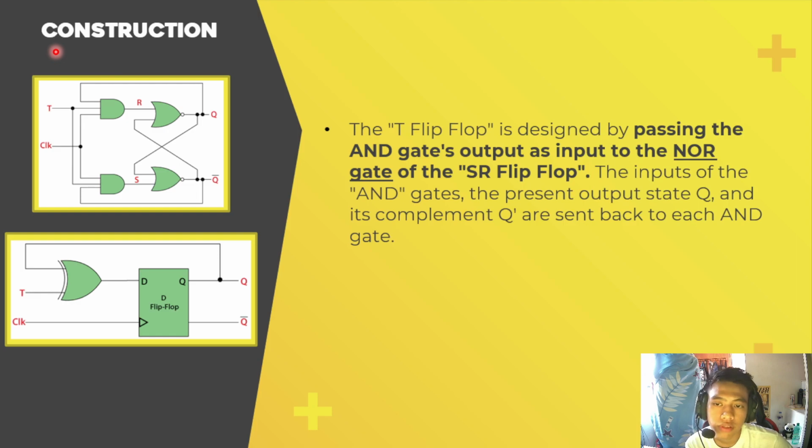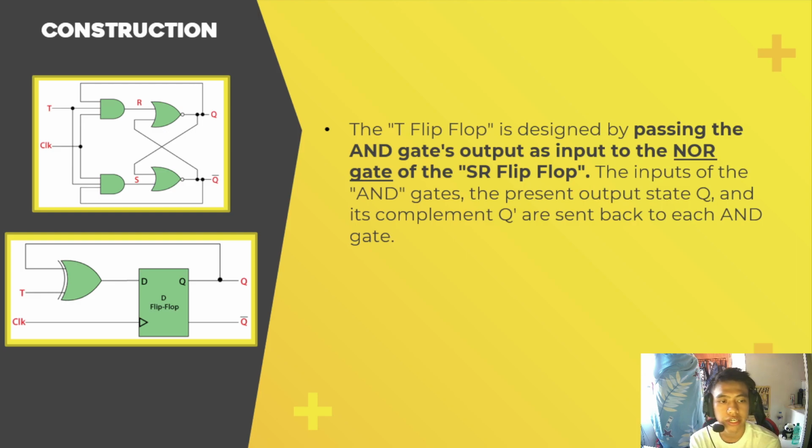The inputs of the AND gates, the present output state Q and its complement Q bar, are sent back to each AND gate. So the T flip-flop is formed using the D flip-flop. In the D flip-flop, the output after performing the XOR operation of the T input with the output Q is passed as the D input.